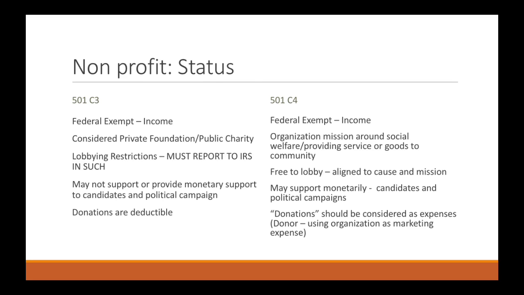Now, on the C3, how the IRS classifies it financially is more of a private foundation or a public charity. You're looking at endowments, foundations that really own up to their own finances, or are able to gain their own type of grants.